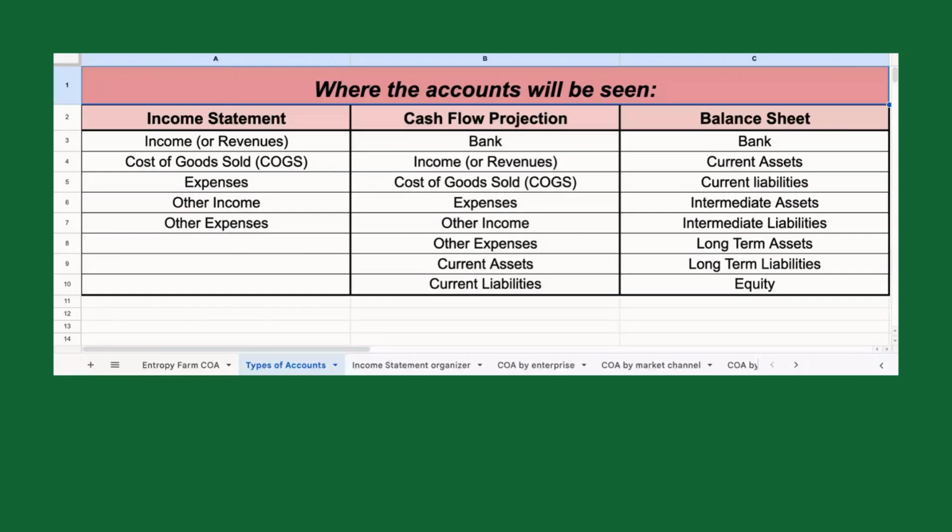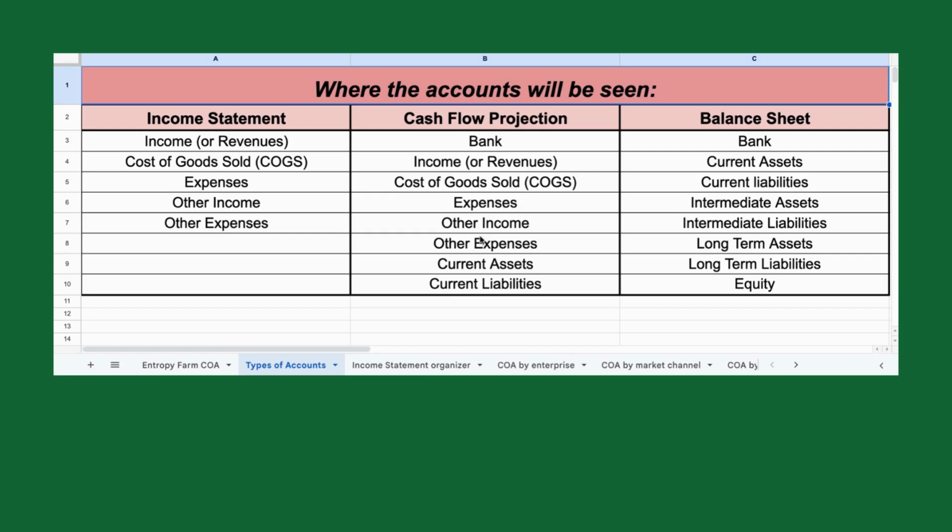To show you what I mean, let's look at where the chart of accounts shows up. This slide shows how the list, that is, your chart of accounts, gets split up across several of your common financial reports. Some of it will live in your income statement, and some of those accounts will live in your balance sheet. And some of them cross over or are seen together in a cash flow projection.